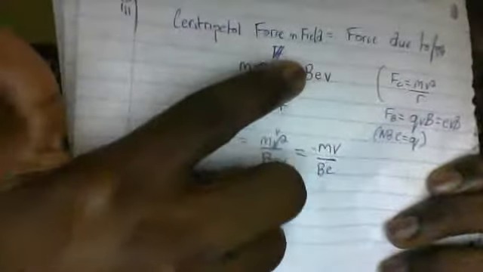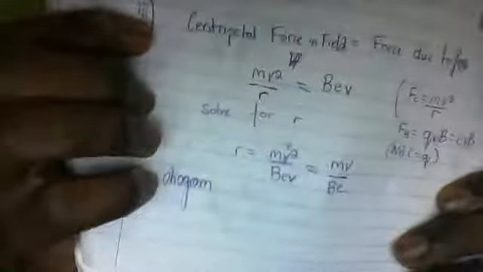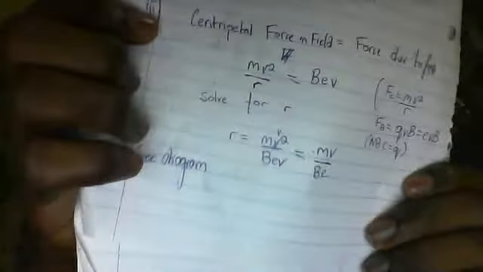And then we know that in the magnetic field, the force on a charge is given by qvb. In this case, the charge is an electron charge, so it's Bev, right? Now we're going to solve for r from that equation. The reason we have this again is that we assume the force acting is the one due to the magnetic field, but it causes a centripetal force, which is of course equal in magnitude to it, right?